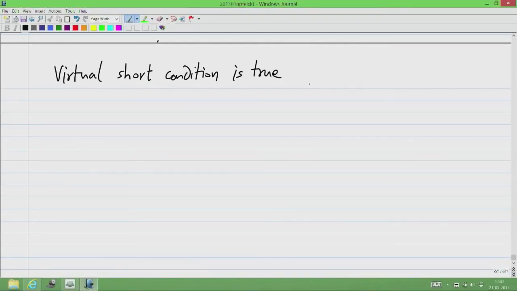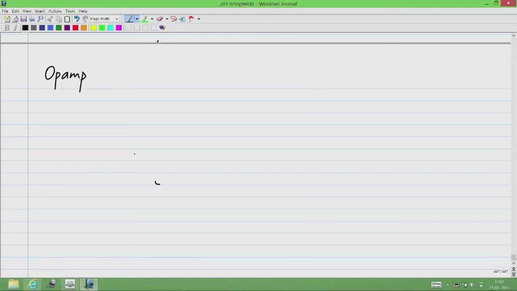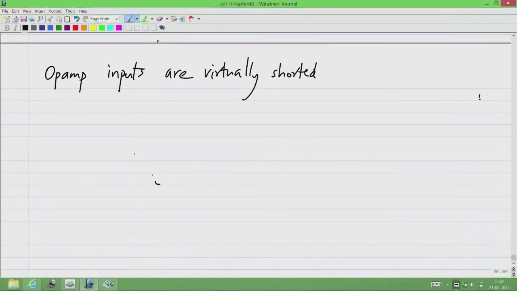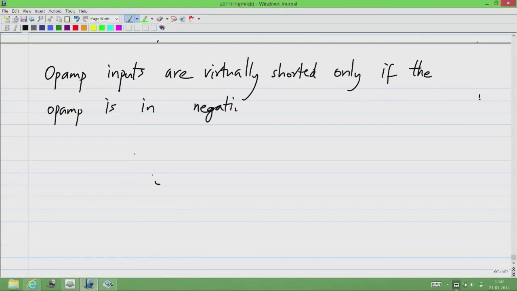So, virtual short condition, or rather, let me write it as: op amp inputs are virtually shorted under certain conditions, and that condition is only if the op-amp is in negative feedback.